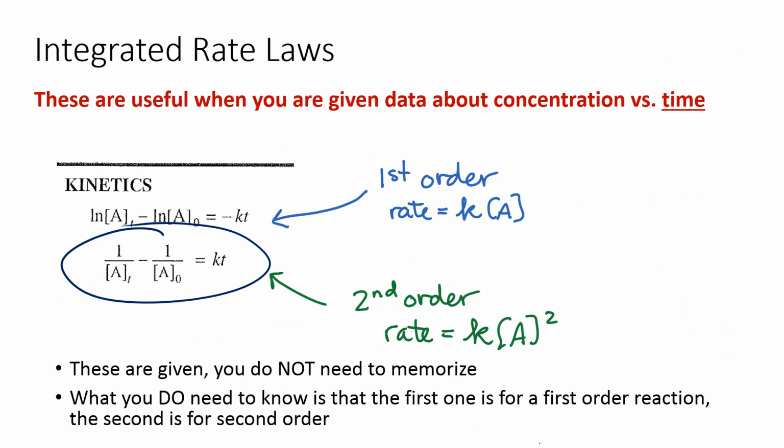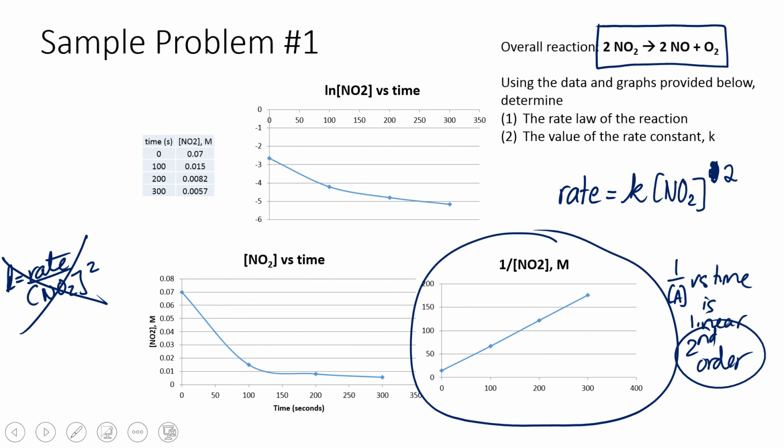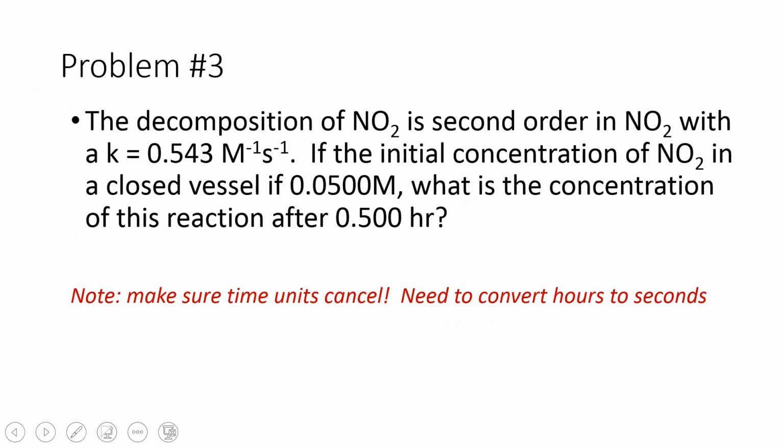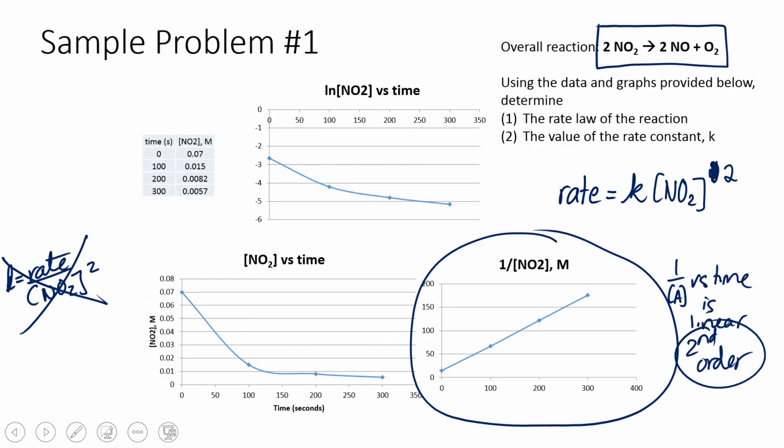So I'm going to look at my data from the data table and I'm going to plug some values into this equation. I know the values of the molarity at various points in time, and I can plug in for how much time has passed, and I'll be able to rearrange and solve for K. So let's take a look at what that would look like. Okay, we'll plug this in real quick.